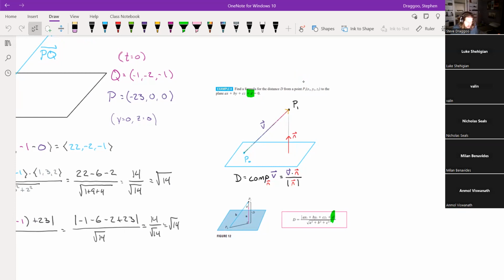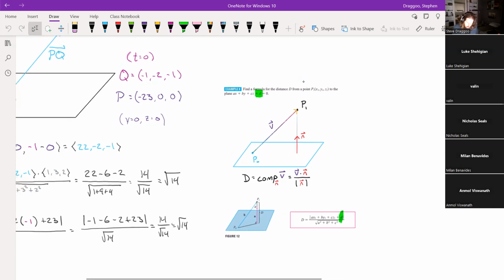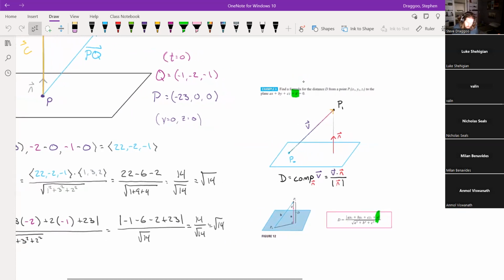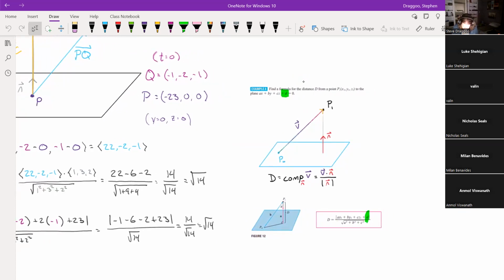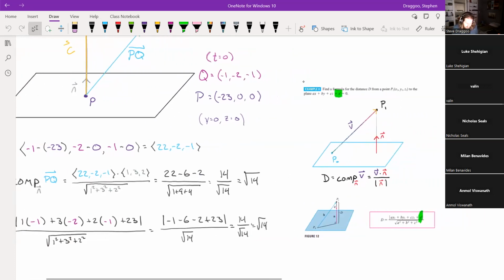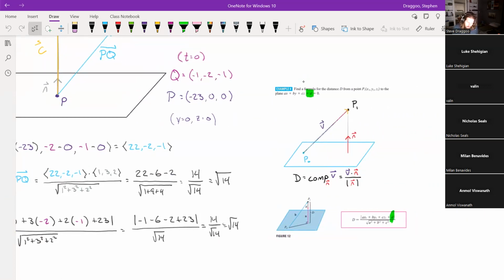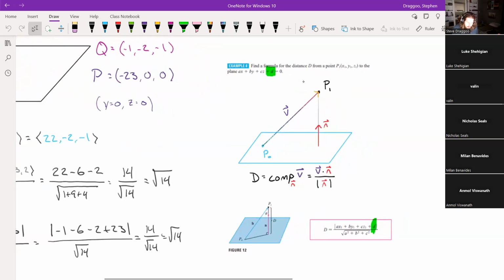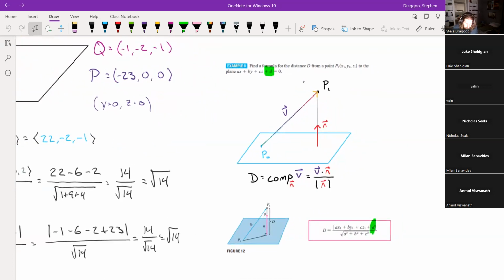Replacing the numerator, which was the dot product of PQ with the normal vector, I could instead say it is just the equation of the plane with the point on the line plugged in. And then the absolute value of that gives us our answer.